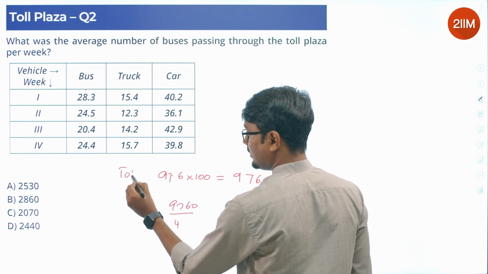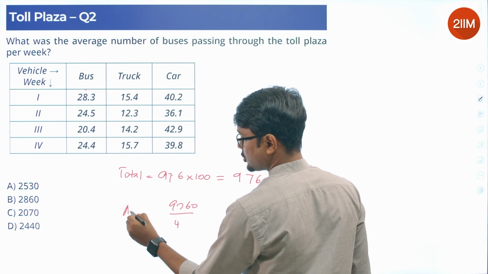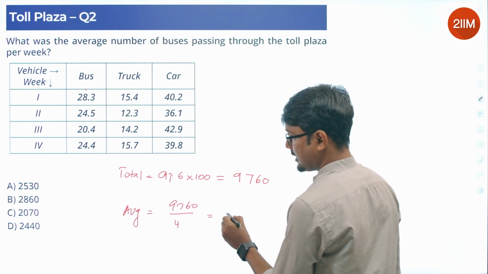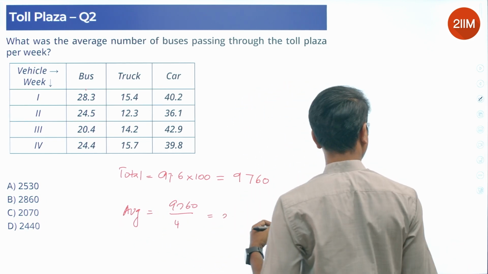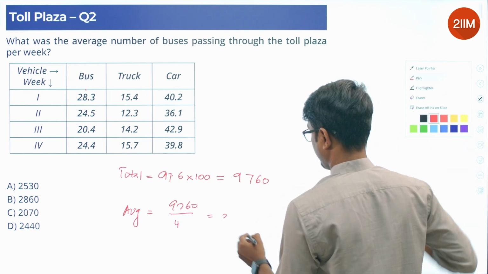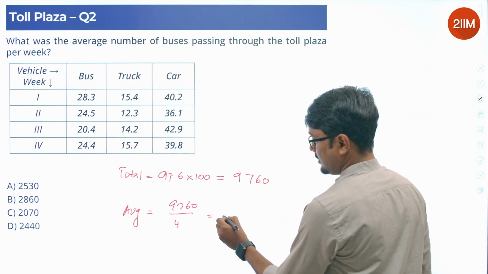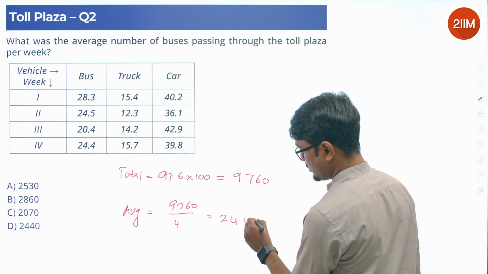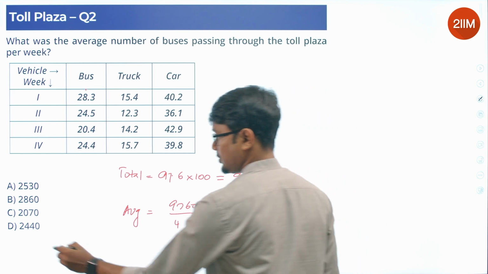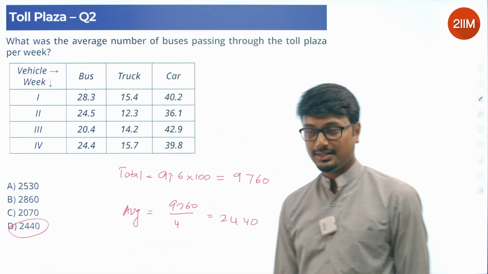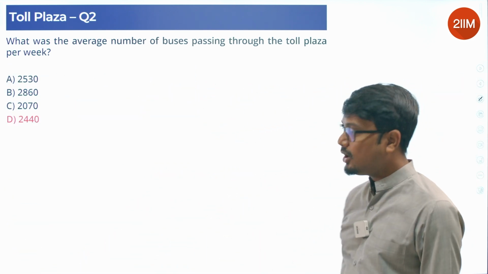This is total, this is average. So 2440 should be there. Yep, we have it. 2440, right answer. Check it out. Option D is the right answer.